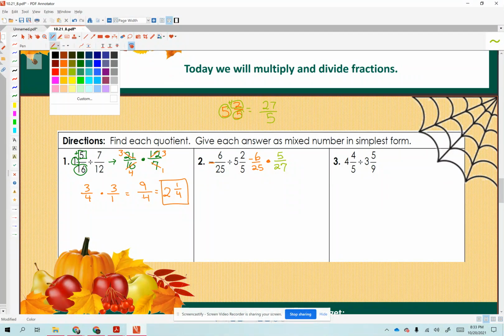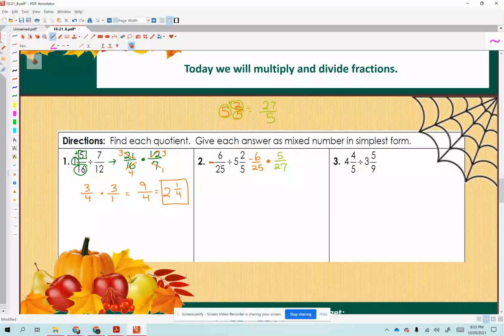Now we have plenty of opportunity here to simplify this. 5 is a factor of 25. 5 divided by 5 is 1, and 25 divided by 5 is 5. Now, with the 6 and the 27, we can divide those both by 3. So 6 divided by 3 is 2. 27 divided by 3 is 9.